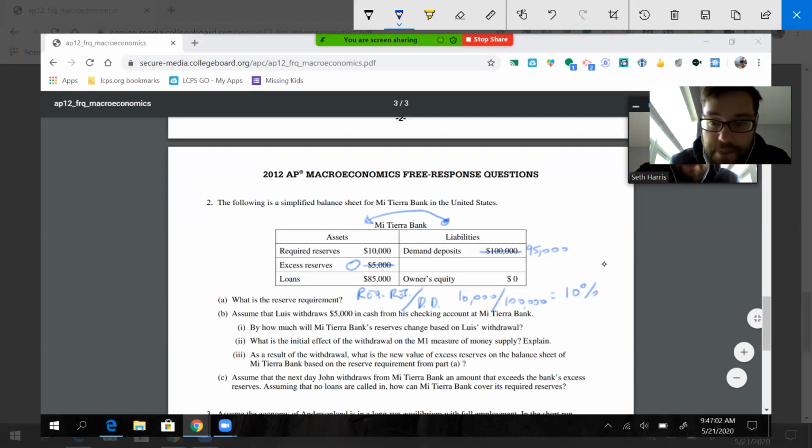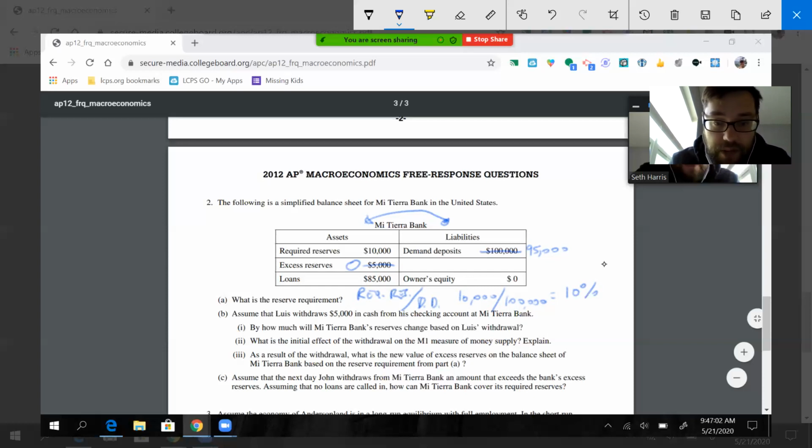We have 95,000 over here, and 85 and 10 is 95,000 over here. As long as these balance, you know you've done the correct transaction. There's something else we'll have to do because the required reserves have changed, but we'll do that in a minute.